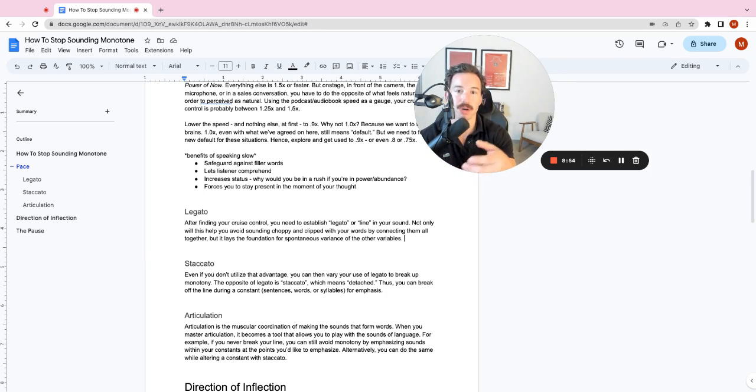Then we just put words on there. So not only is this going to help you avoid sounding choppy and clipped with your words by connecting them all together, but it also lays the foundation for spontaneous variants of these other variables. Even if you listen to what I just did, spontaneous variants of the other variables. It's very aesthetic to do those all flowing one into the other.